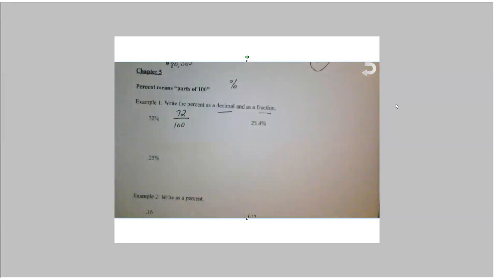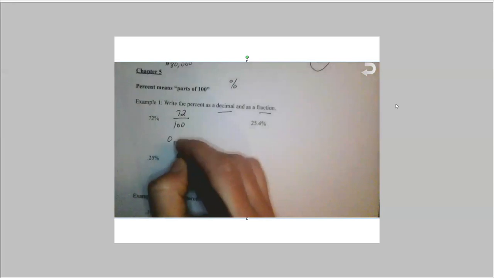Now I will need to reduce this, but that is how we go from a percentage to a fraction. Now while I'm in this part right here, I'm going to quickly take this to a decimal. If I read this fraction correctly, it's 72 hundredths. And so to write that in decimal form, that would be 0.72.